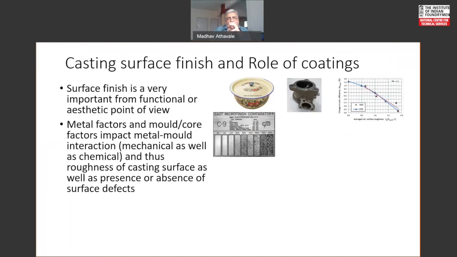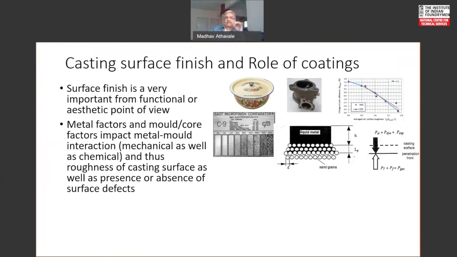Now, what are the factors that impact the surface finish of the casting? Those are metal factors and mold factors. The interaction between the mold and the metal gives you a particular type of surface roughness, and it also has a bearing on the presence or absence of surface defects.